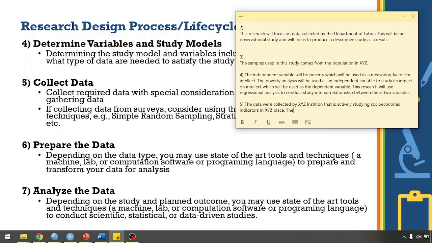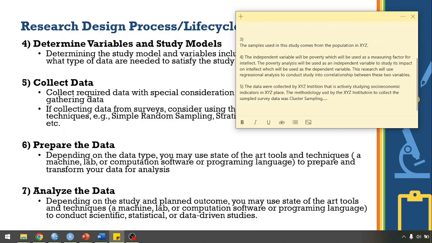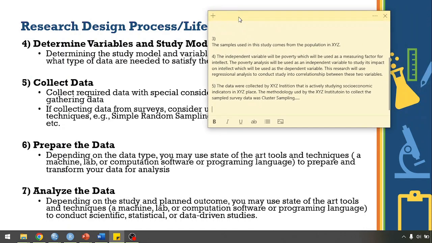The methodology used by the XYZ institution to collect the sample survey data was, let's say, cluster sampling, and then you can add additional explanation of how the clustering happened, what area was involved, and what stratification or clusters were used. Again, this is only a drop in the ocean of what you will write in your papers.